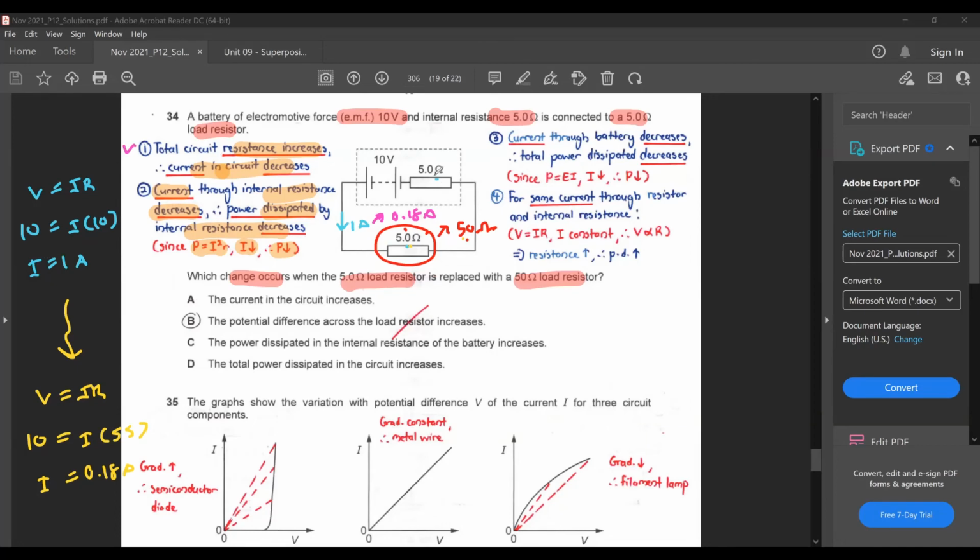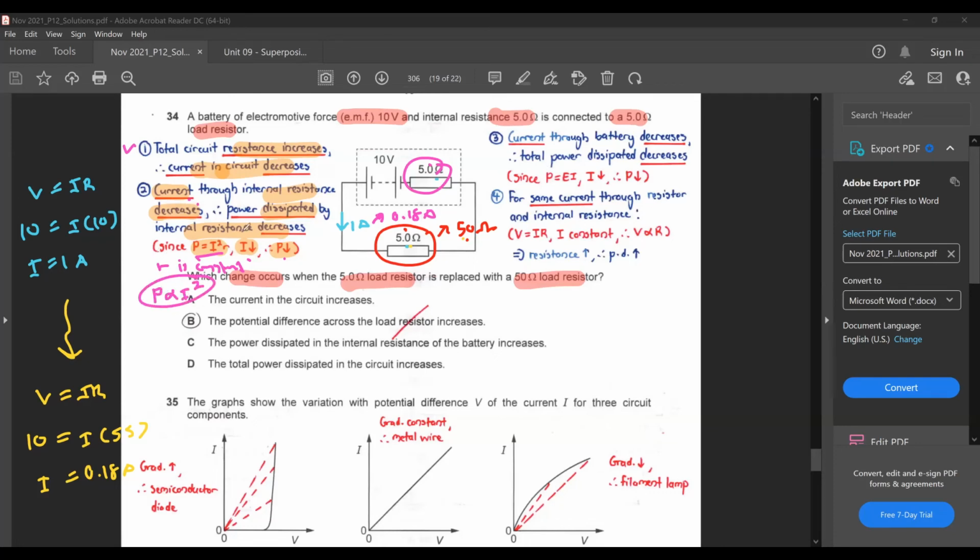Now, of interest to you is your internal resistance here. I mentioned your current through your internal resistance decreases, so your power dissipated by your internal resistance will decrease. Because P equals to I squared R, I drops, P will drop. R, the internal resistance, is constant. Your internal resistance does not change when you made the changes. So you can say that P is proportional to I squared.